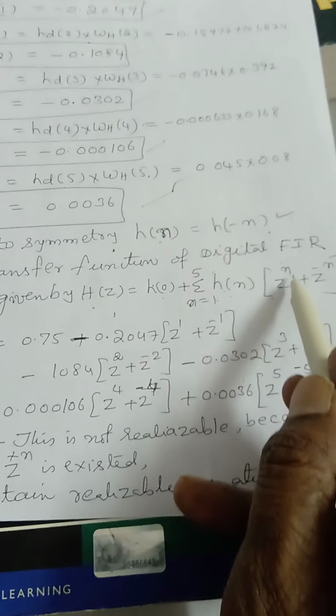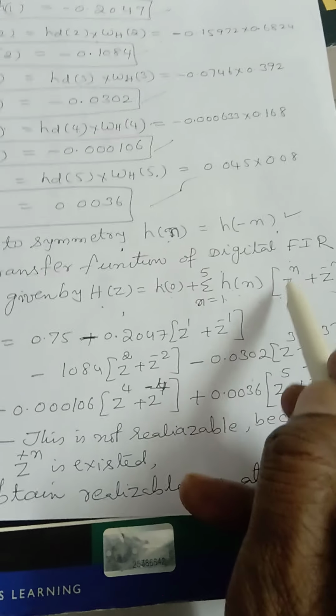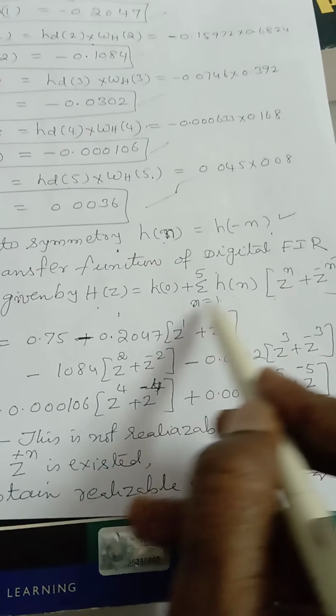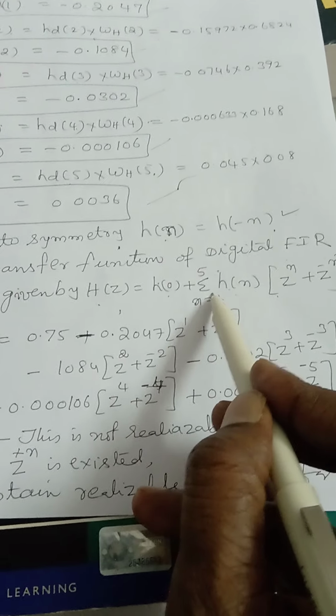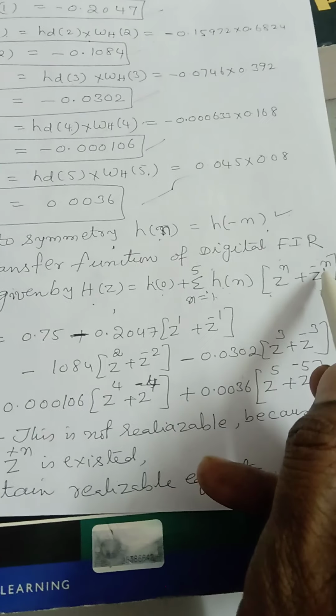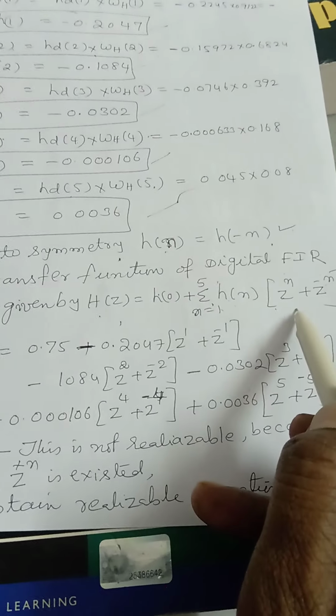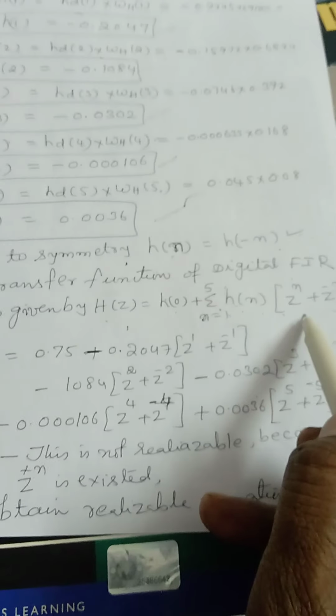Now you see, z to the power of n is not required at all. Therefore, this equation is not realizable. We need only z to the power of minus n. Minus indicates a delay unit or a memory element.